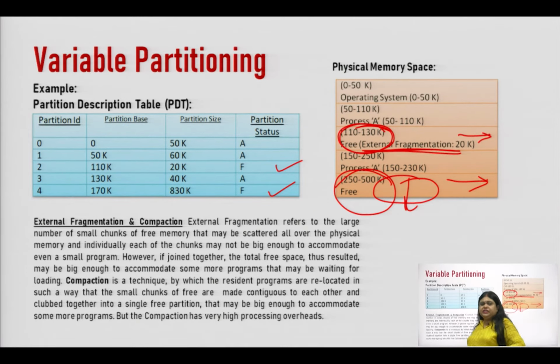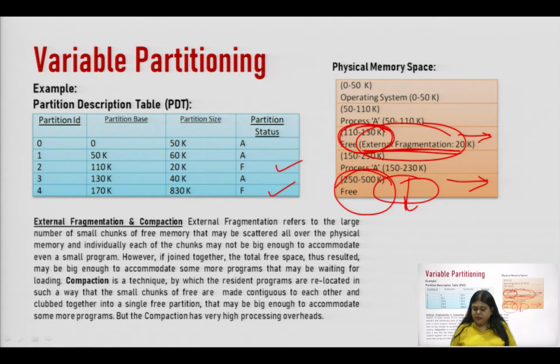So, just to repeat it again, external fragmentation, like over here you can see, is that memory portion that was used by some process and later on after its completion it has left that memory space, and this memory space is so small that it is not able to satisfy the requirement of any other process. In that case, it is going as a waste. So, that is your external fragmentation, and compaction is the process of bringing all these small spaces that have been left out in between and clubbing them into one memory block. So, this is what is external fragmentation and compaction.